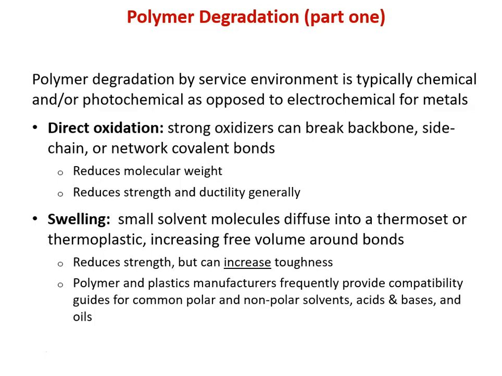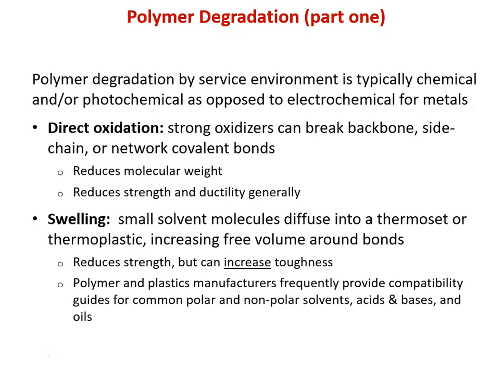So those are two cases in which we would have the environment interacting with our polymer and degrading our properties, even if there wasn't a direct breaking of the chemical bonds. So that's swelling, and so that's reduction in properties by reduction in the secondary bonds associated with polymers. And not surprisingly, this is definitely more of a problem with thermoplastics because it's held together with secondary bonds.